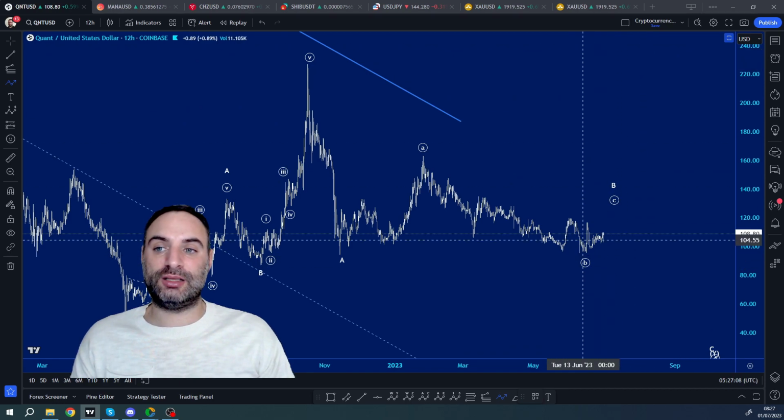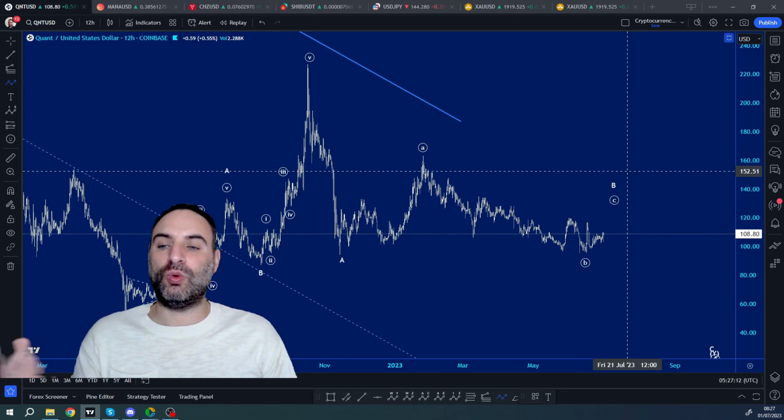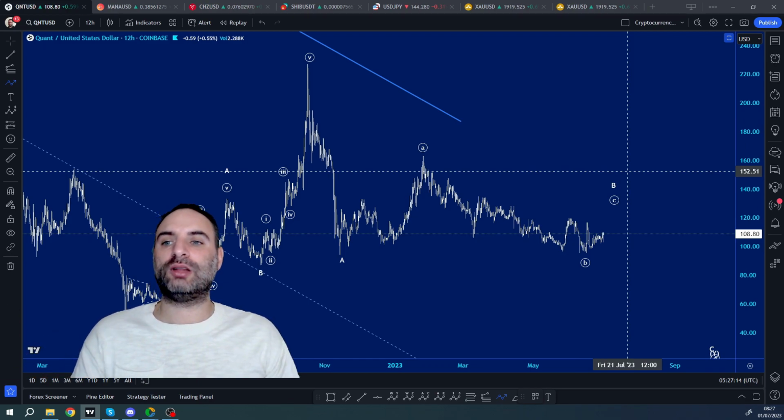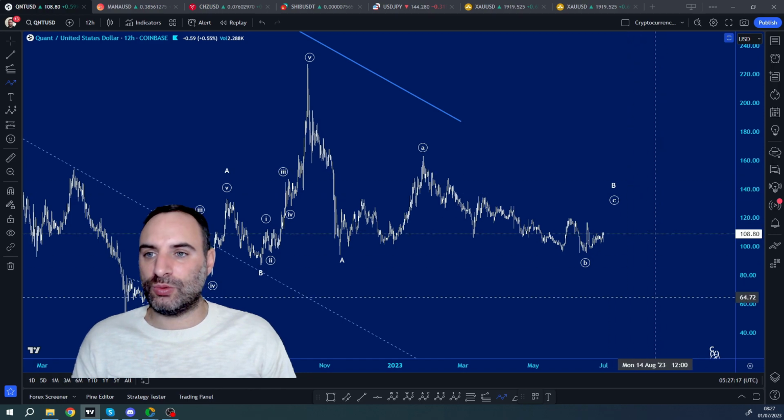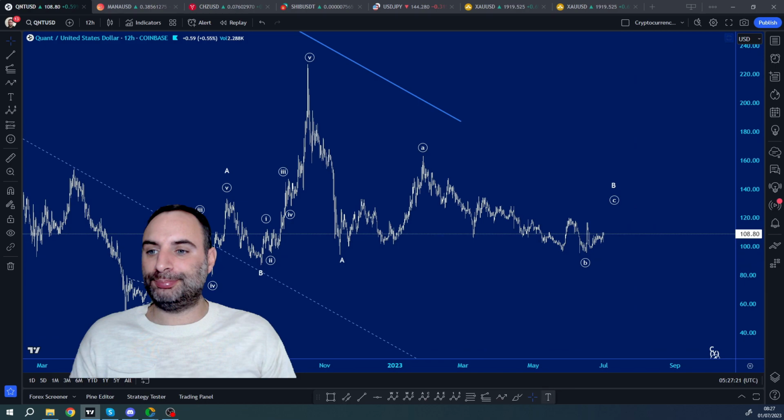It means that it could even be an ABC. So the extension of A and B, or 1 and 2, are going to tell us what the chances are leaning towards. So, yeah, it could also be the ending diagonal we were looking at before.